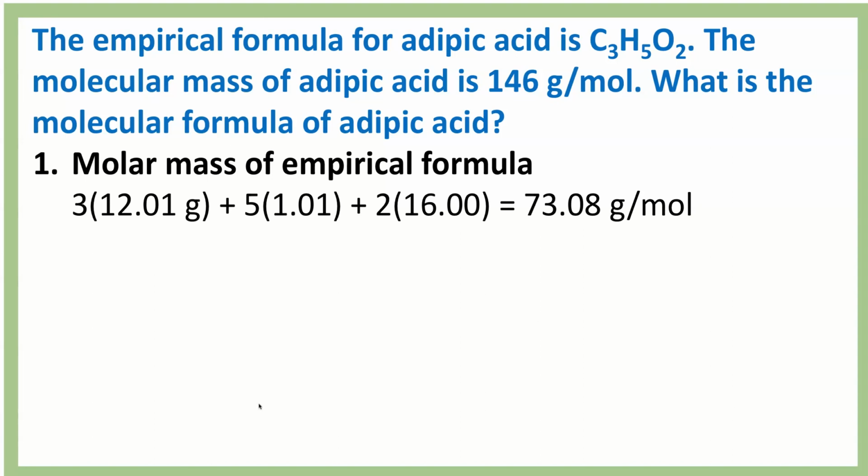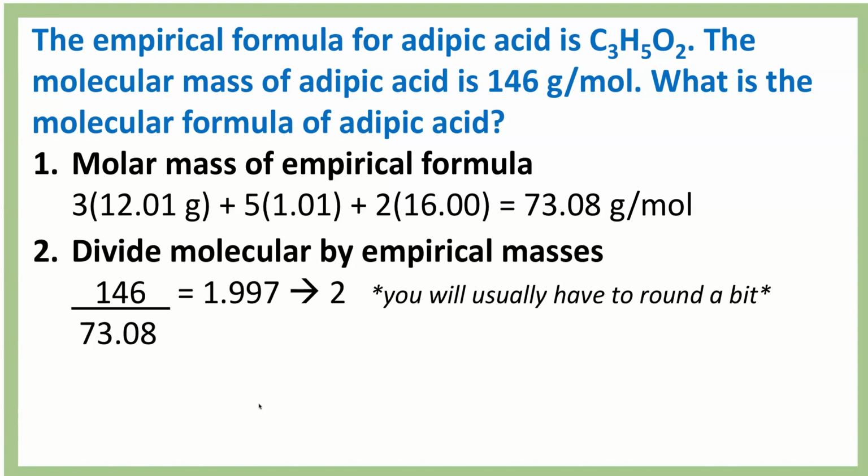Well, here's my empirical formula mass. Easy enough. Periodic table. Find your molar mass. Now we're just going to divide by the empirical formula mass. So, molecular mass 146, empirical mass 73.08. I get 1.997, round that to 2. Again, you might have to round a bit on this one almost every time.